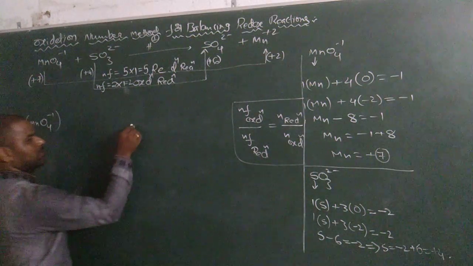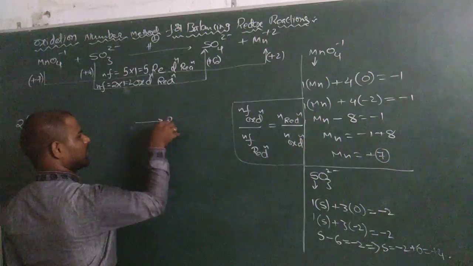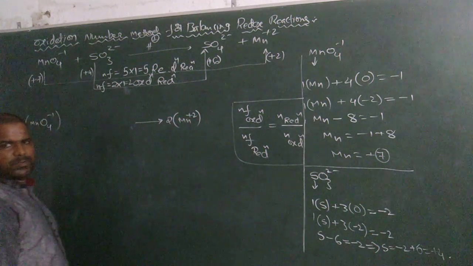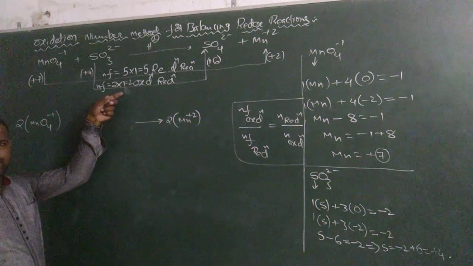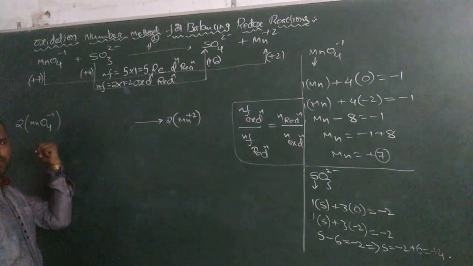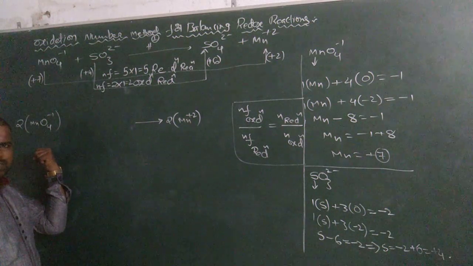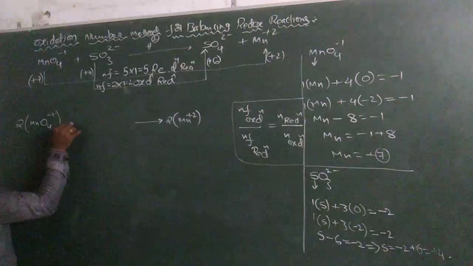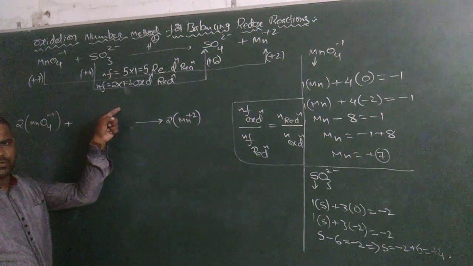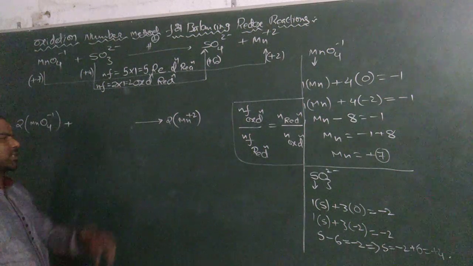After the change, 2 moles of Mn2 plus ion are formed here. The n factor of the oxidation reaction is the molar coefficient of the reduction reaction. Likewise, the n factor of the reduction reaction is the molar coefficient of the oxidation reaction.